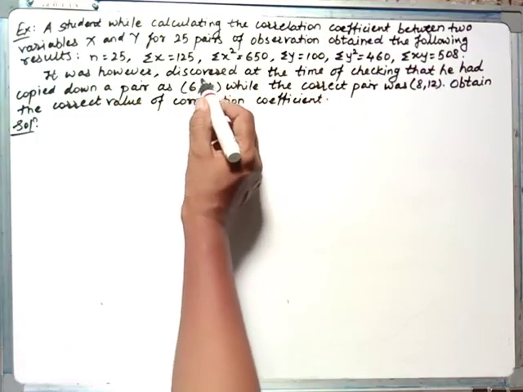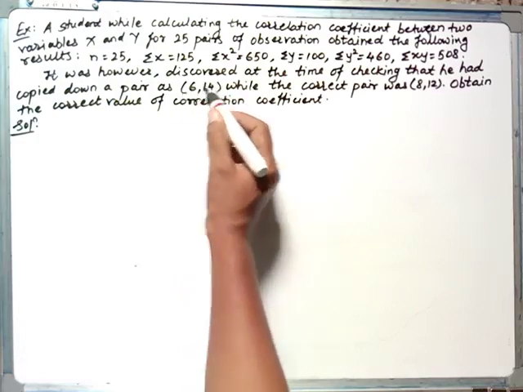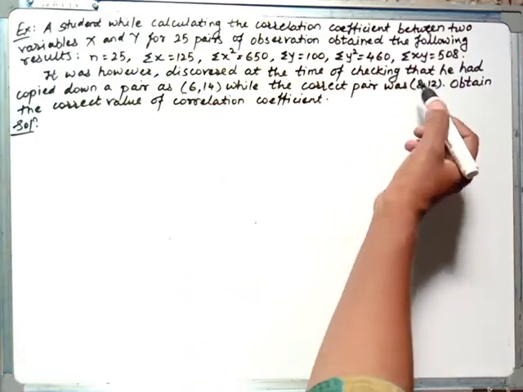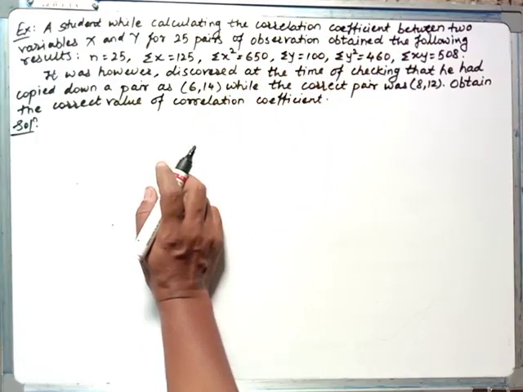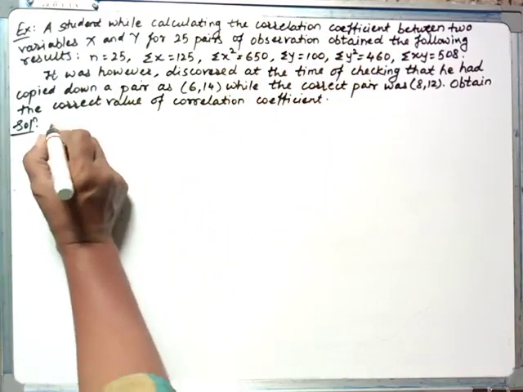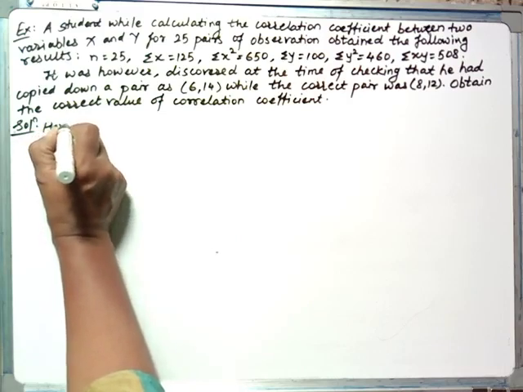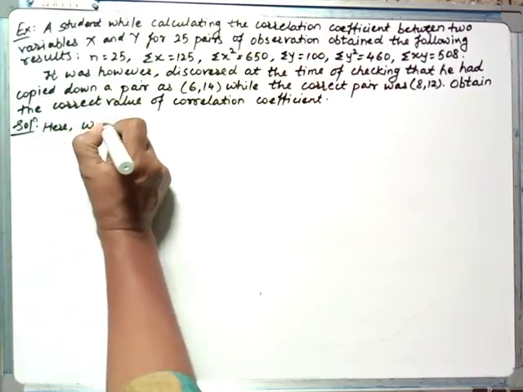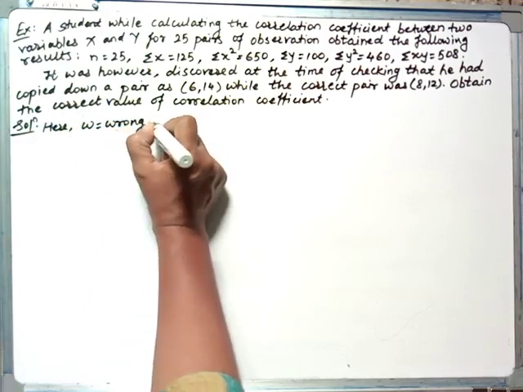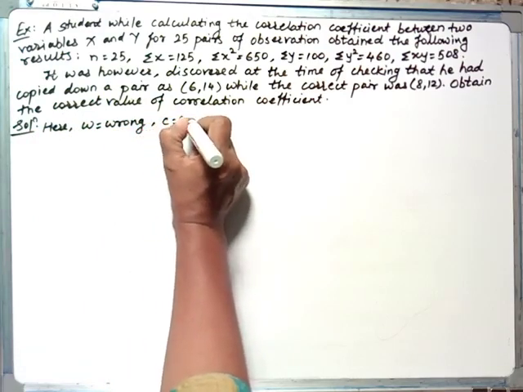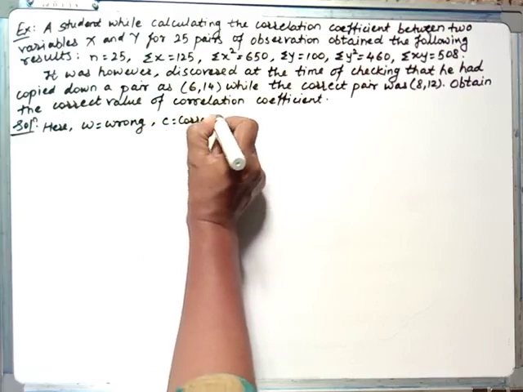This pair is wrong, while the correct pair is this. Obviously, due to that his coefficient of correlation is incorrect, or we can say wrong. So let me assume W for wrong and C for correct first.